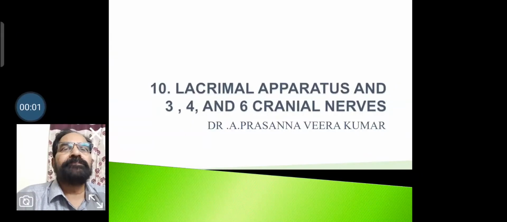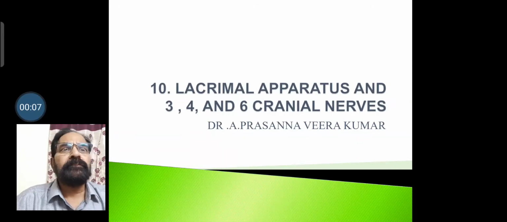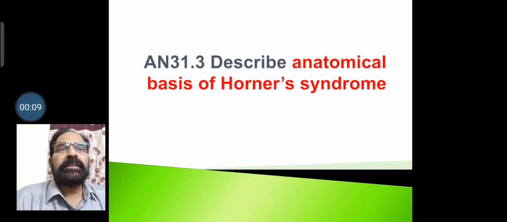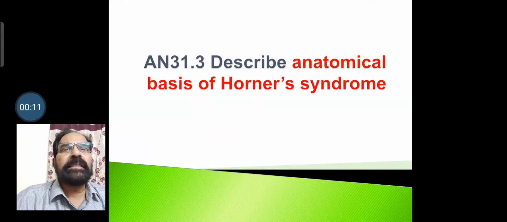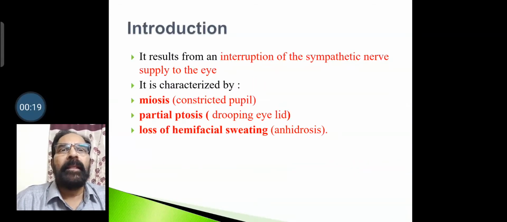Lacrimal apparatus and third, fourth and sixth cranial nerves. Before that, we also discussed the competency of anatomical basis of Horner syndrome. So this Horner syndrome results from interruption of the sympathetic nerve supply to the eye.